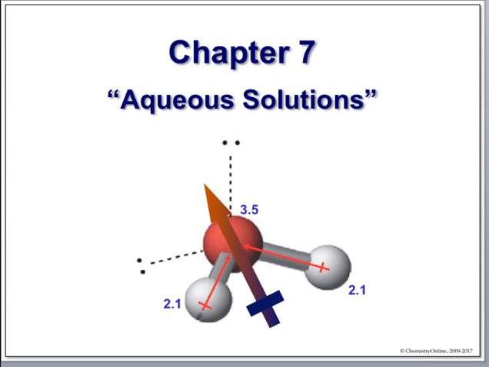Well, there's a reason for that. The biological processes that we understand are virtually impossible without water. It's an amazing substance. We're going to start off talking about bonding, covalent bonds, and then we'll move into solutions.